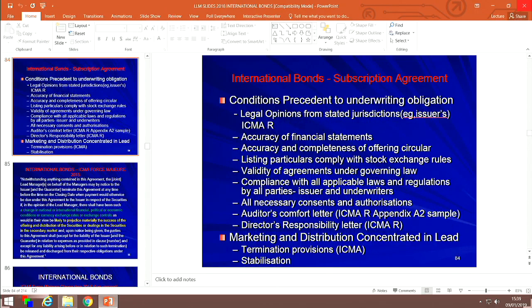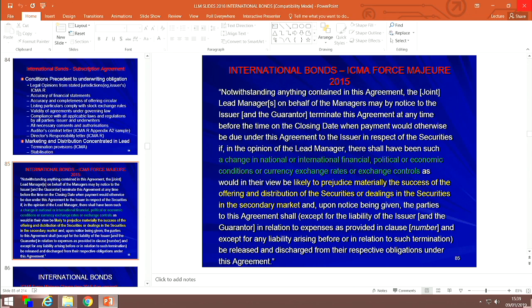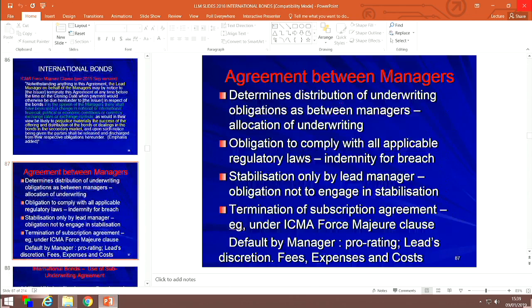There is also an identical stabilization clause saying no one but the lead manager may stabilize. And that obligation is contained in the subscription agreement so that it binds the issuer. It's also contained in the agreement between managers so that it binds everybody who's an underwriter as well.